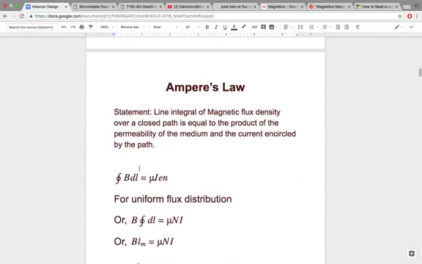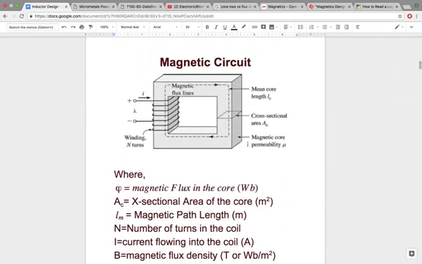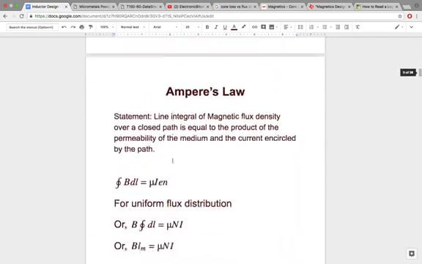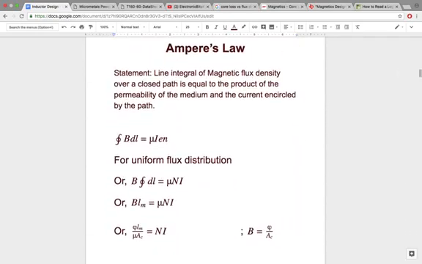To understand this magnetic circuit, the fundamental law we can use is Ampere's law. So what is Ampere's law? According to Ampere's law, if we integrate the magnetic flux density over any closed path, it will be equal to the product of the permeability of the medium and the current enclosed by that closed path.